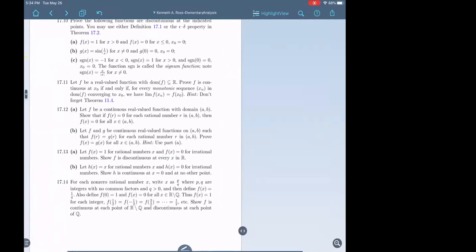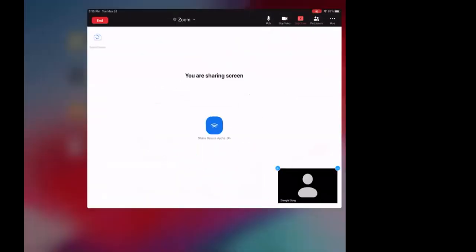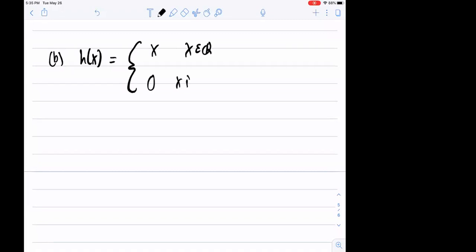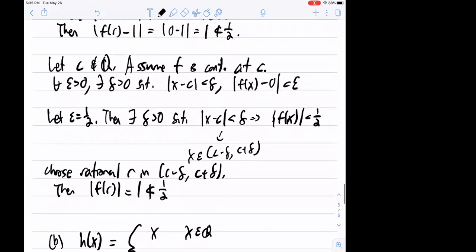So let h of x be x for rational numbers x, and h of x equals 0 for irrationals. By the way, before I continue, there's no reason why epsilon was a half.